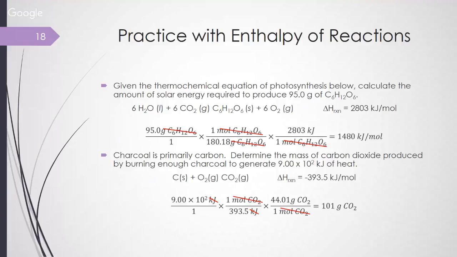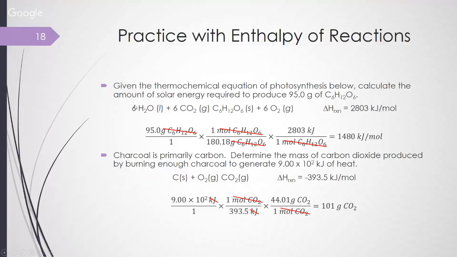So what are the calculations that we can do with enthalpy? Given the thermochemical equation of photosynthesis below, calculate the amount of solar energy required to produce 95.0 grams of sugar, glucose, C6H12O6.